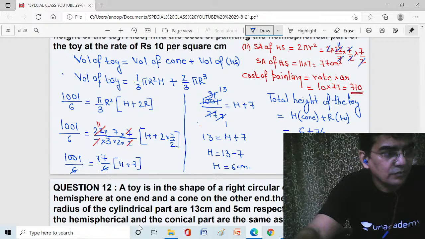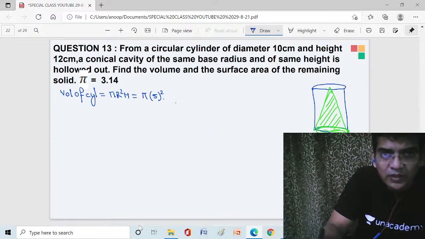We will substitute pi in the last, because during decimals we will substitute it in the last. Now we need the radius. Radius is 5 into h. Height is 12. So this will give you 300 pi centimeter cube. This we have got, the volume of the cylinder.